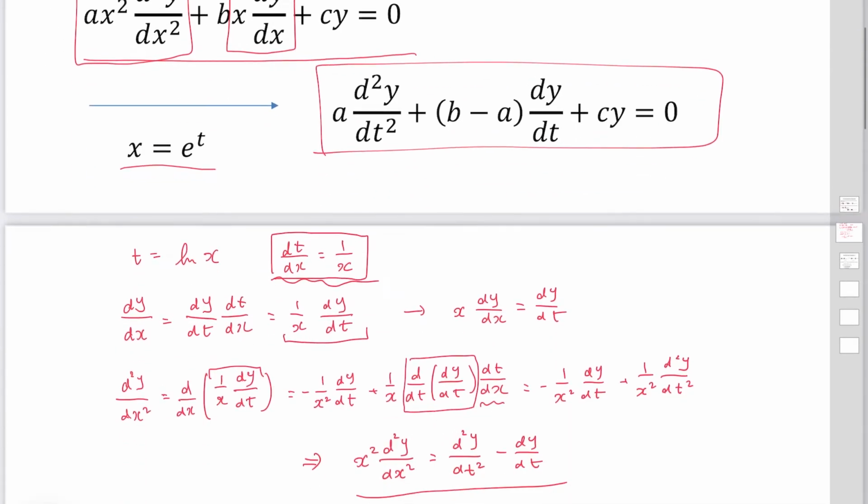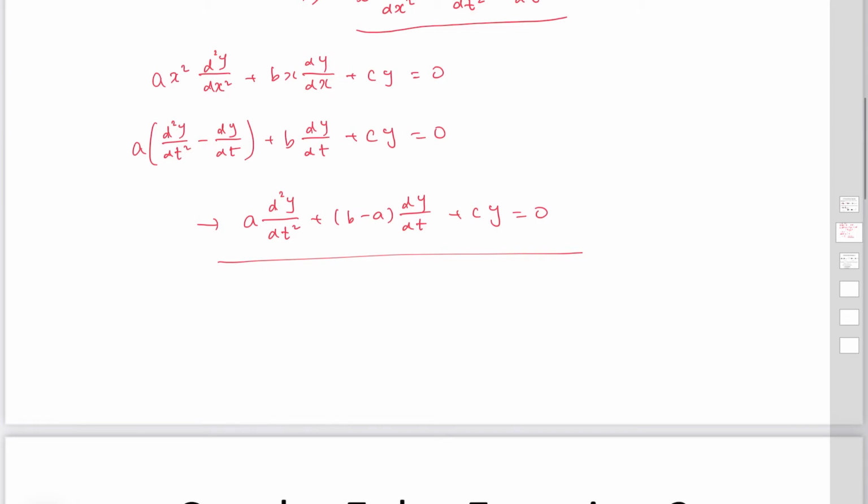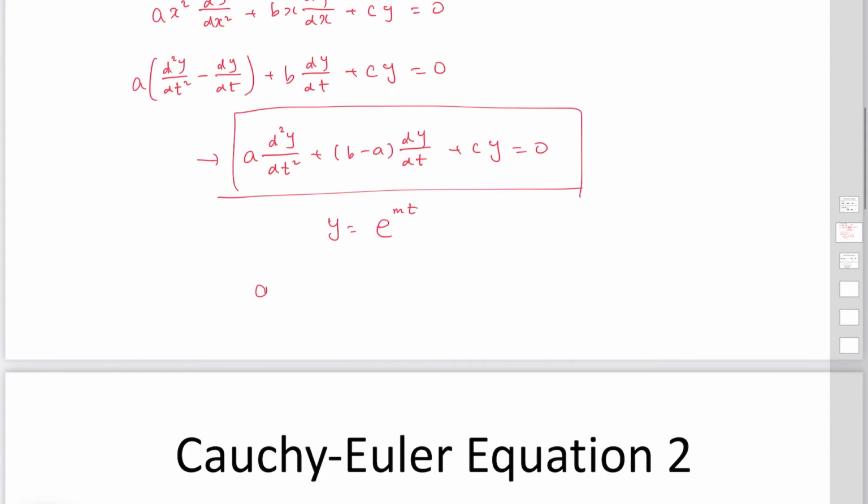Okay, once we have these equations, I have shown you how to solve this differential equation by substituting y equals exponential m t, and it becomes a m squared plus b minus a m plus c equals 0. And you can find the solution for m.